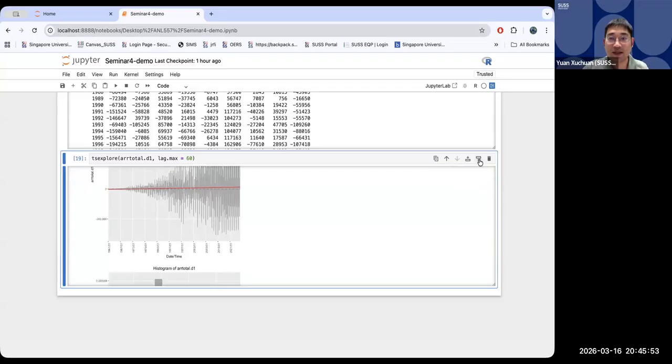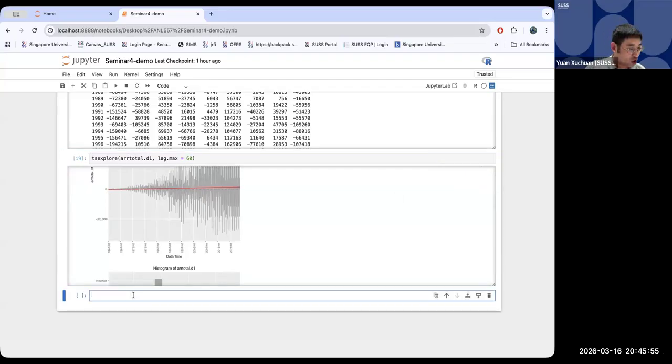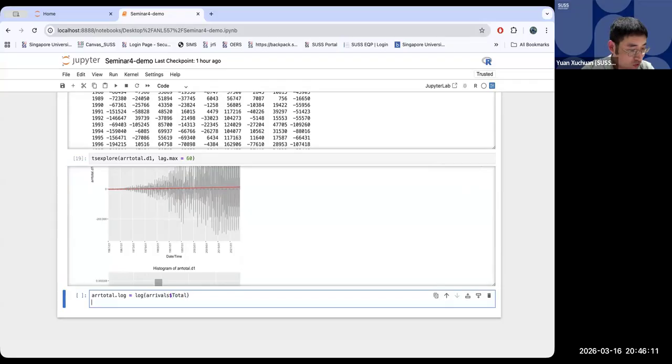Okay, so let's create a log of arrival total. So we look at the log transformed time series.